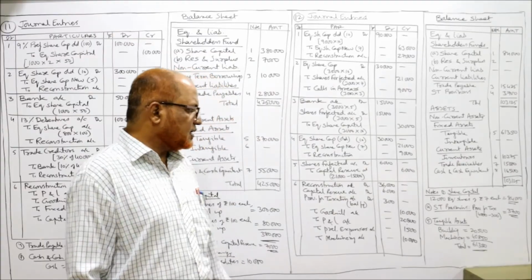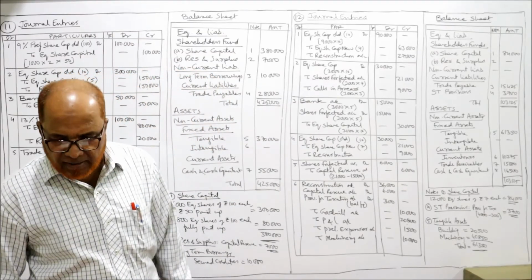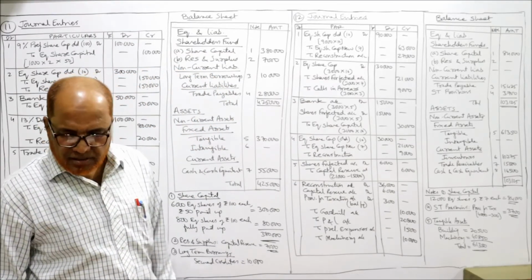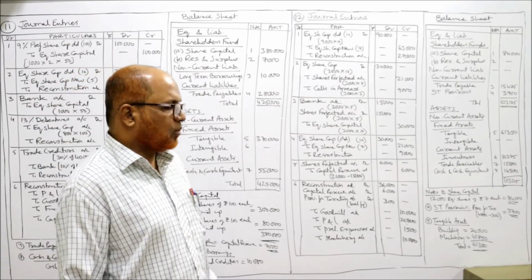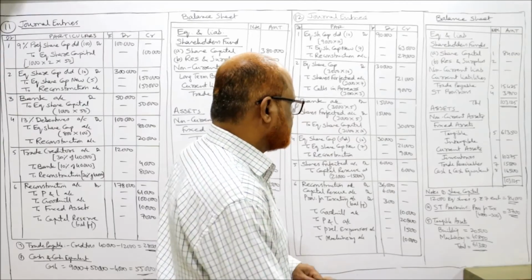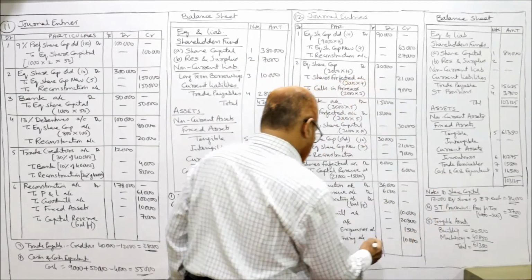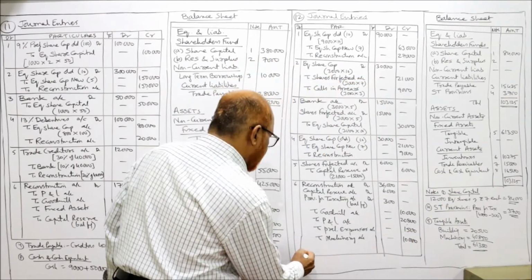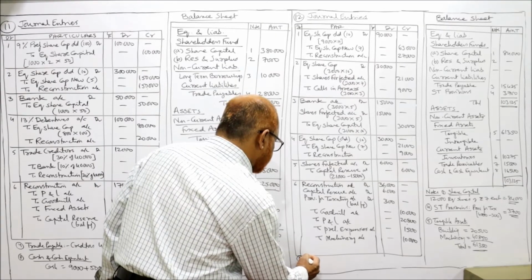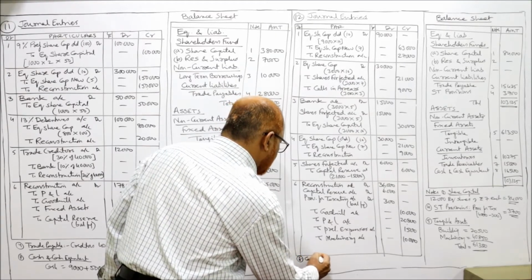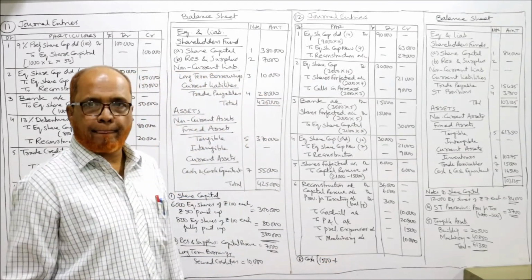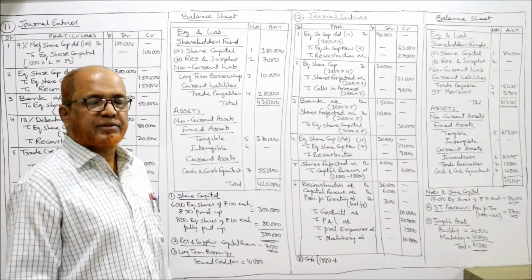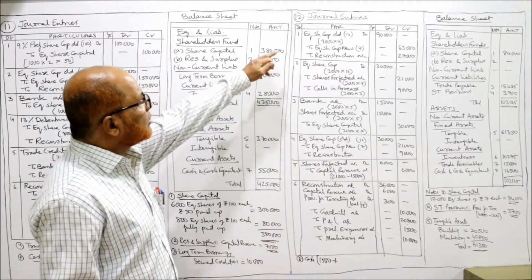Cash and cash equivalent 16,500. Here we have changed. So cash at bank was 1,500. Cash at bank was 1,500 before capital reduction. Now how much was the bank account debited here?